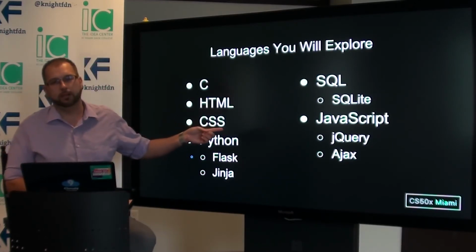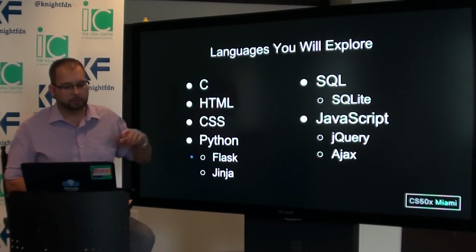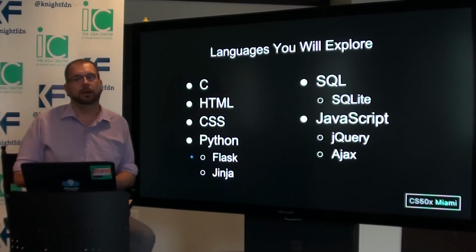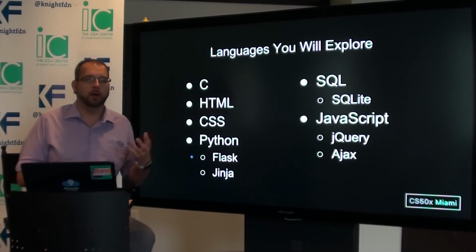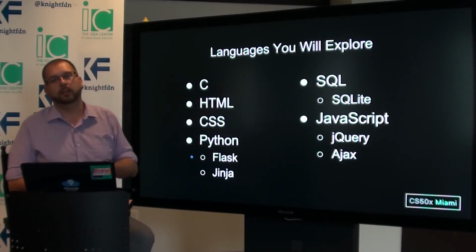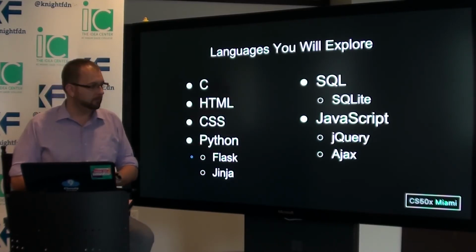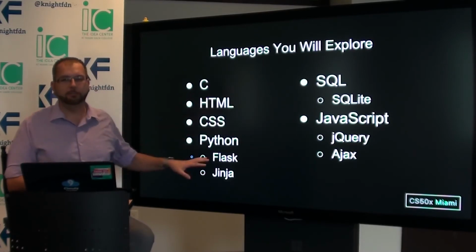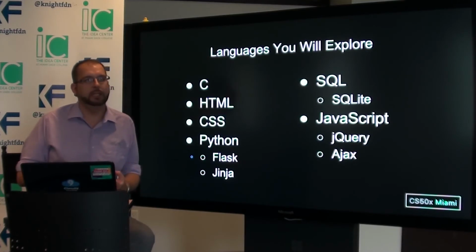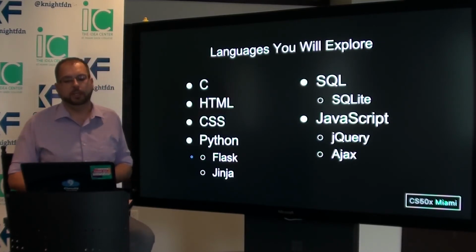But we'll be using a library called jQuery to help us speed up the process, and using a system called Ajax to allow our front-end web pages to interact with our back-end web server. So we'll be looking at quite a bit of computer science across a number of different disciplines throughout this class. Again, I mentioned we won't go very deep into each one of these, but you'll get a flavor for each one of these languages as we progress throughout the class.